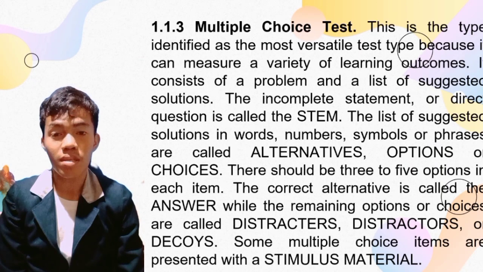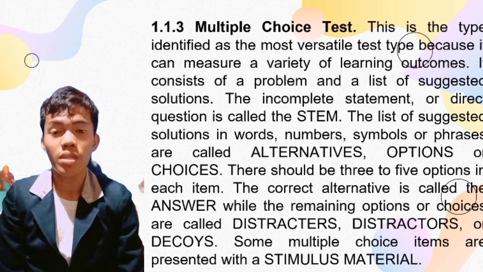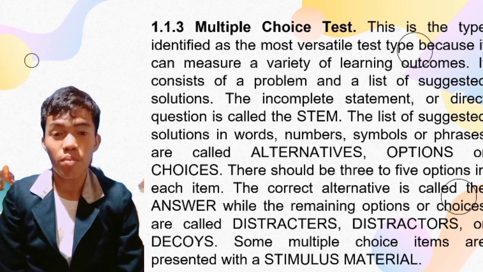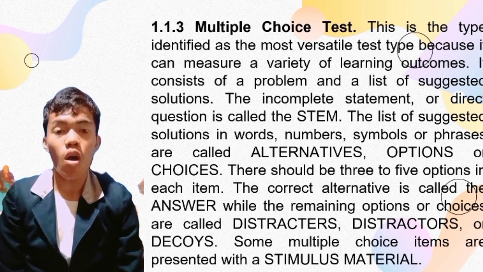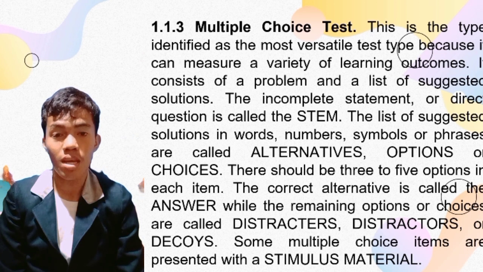Multiple choice test. Consider the most versatile test type. Multiple choice tests can measure a wide range of learning outcomes. Each item consists of a problem or question, known as the stem, and a list of suggested solutions, known as alternatives, options, or choices.